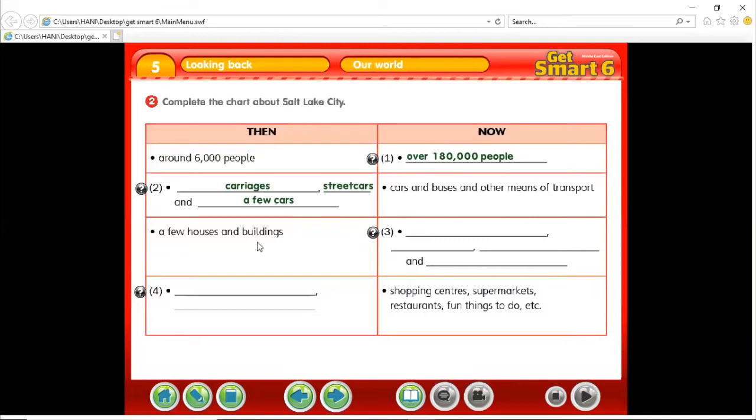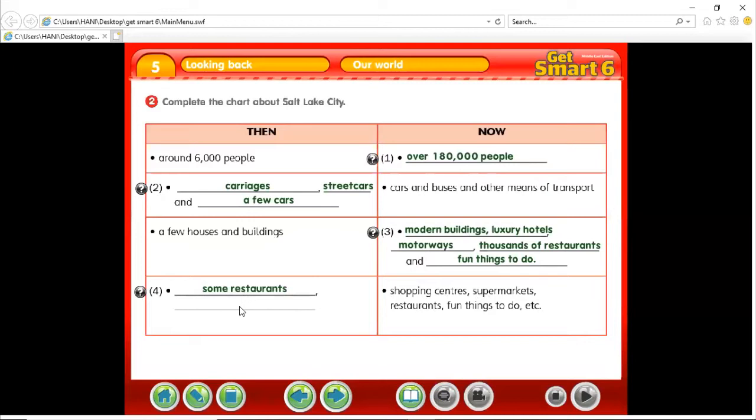Okay, number 3, a few houses and buildings. What about here? Yes, modern buildings, luxury hotels, motorways, thousands of restaurants, and fun things to do. The last part here, shopping centers, supermarkets, restaurants, fun things to do.